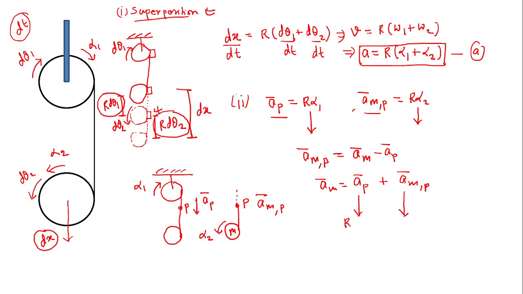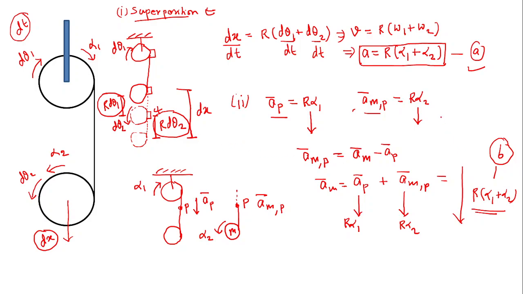Their addition will be a vector addition, downward with magnitude R alpha 1 plus R alpha 2. So again you got the same thing as in the earlier method. Essentially both the methods are correct and you can use whichever you like.